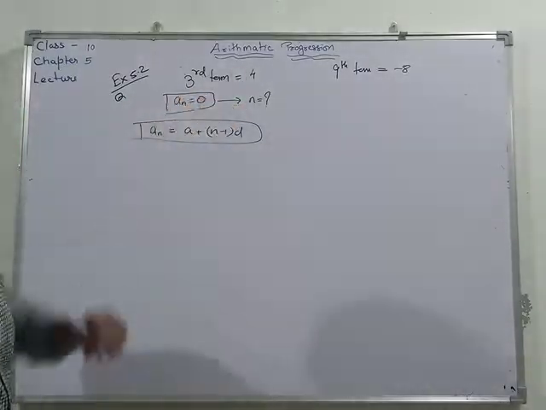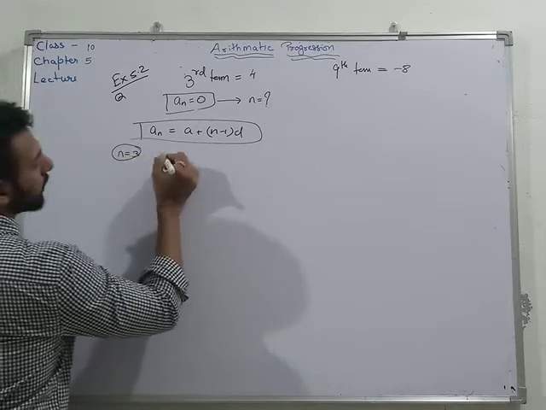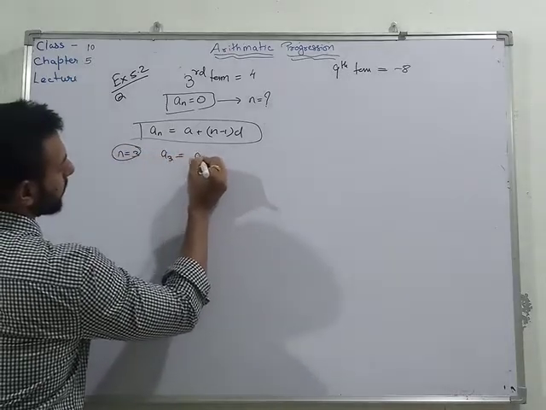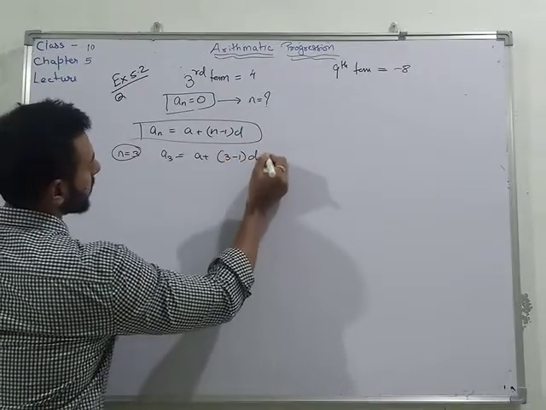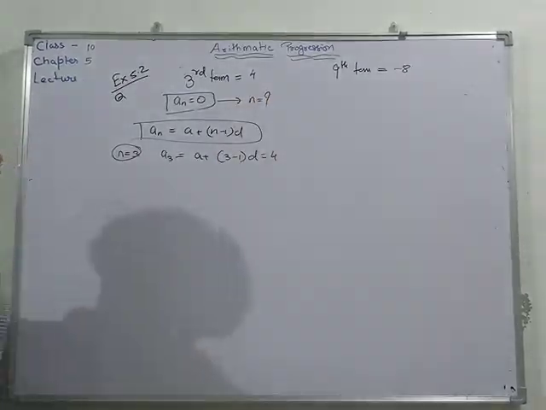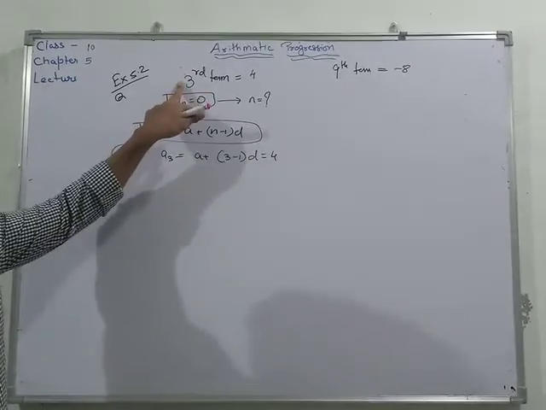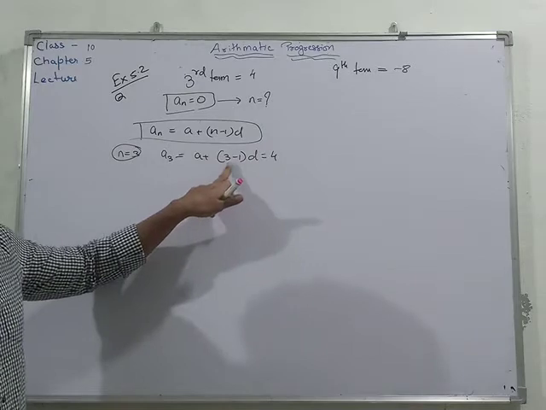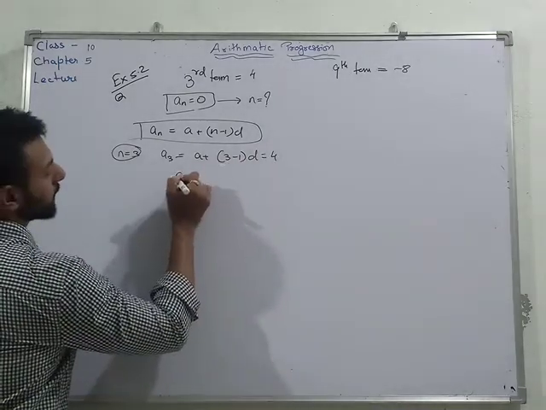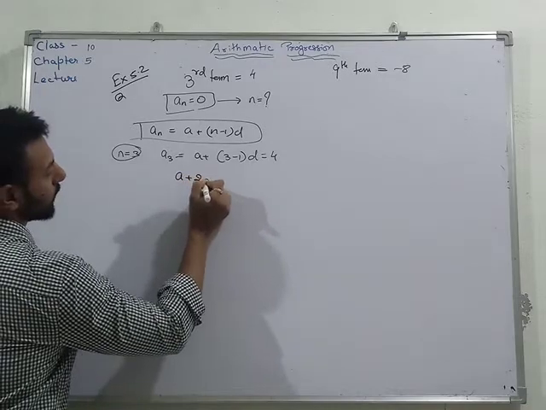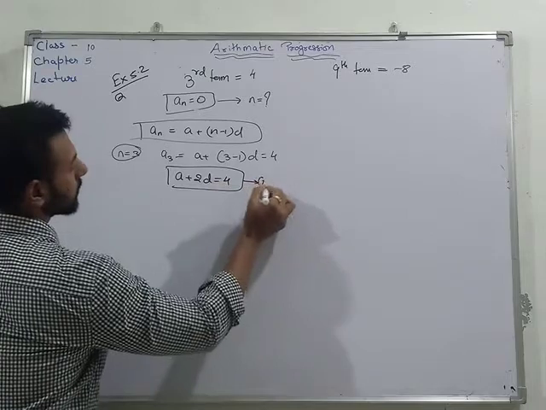Using this formula, third term is 4, means n is equal to 3. A3 is equal to A plus 3 minus 1 into D is equal to 4. Rewriting this, A plus 2D is equal to 4. This is the first equation for us.